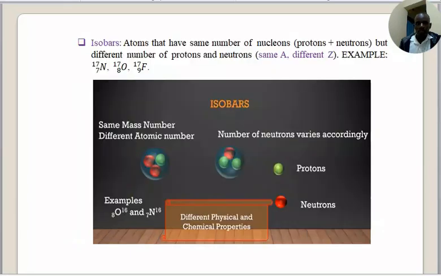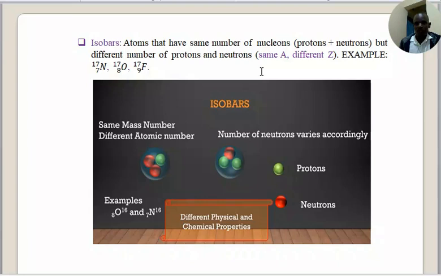Isobars, on the other hand, are atoms that have the same number of nucleons. When you talk of nucleons, we are talking about the mass number, that's the number of protons and the number of neutrons added together. But they have a different number of protons, and also neutrons.